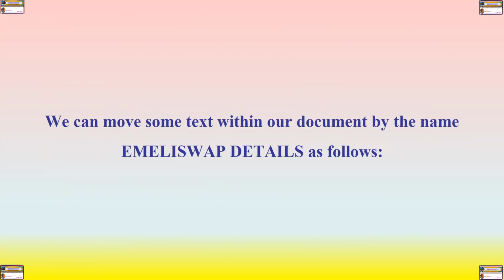So let's see how we can move some text within our document that we have already opened. For us to be able to move text from one portion to another, we can do it as follows, just as I have already explained.